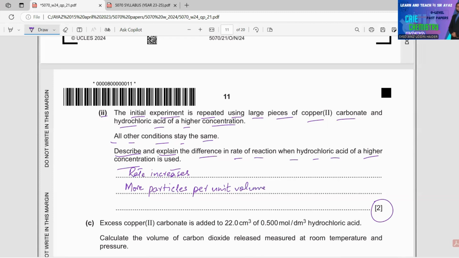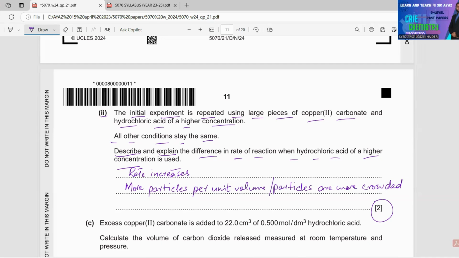You can even write particles are more crowded. This will give you 1 mark. For the next mark, you have to write more collisions.